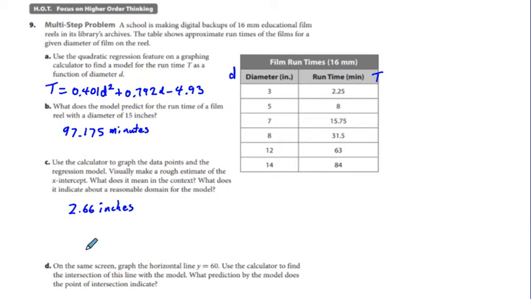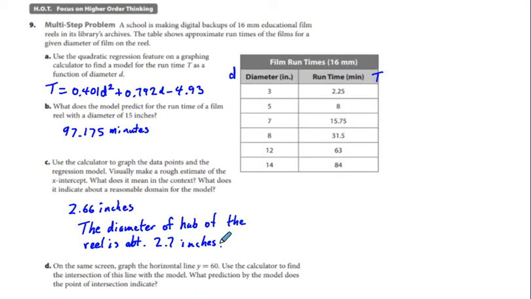So it shows probably the diameter of the blank reel or hub of the reel is about 2.6 inches or 2.7 inches. Okay.